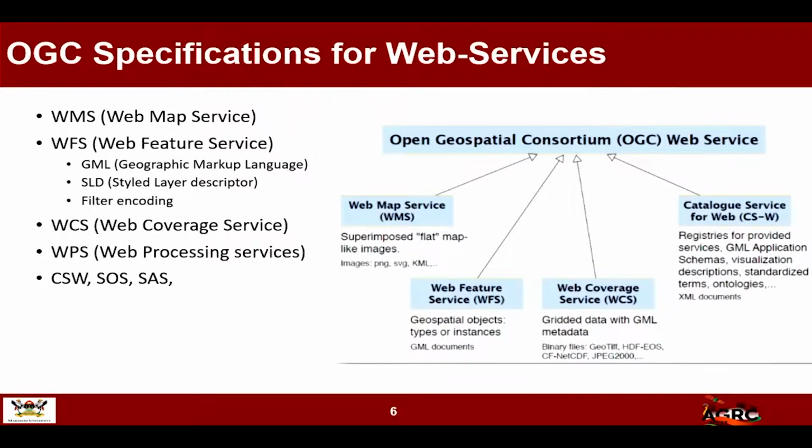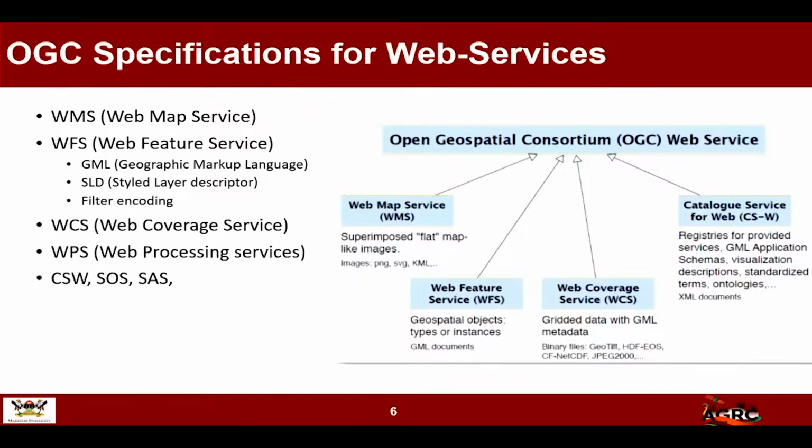Then we have the web coverage service. The web coverage service is almost like the web map service, but the difference here is that it will bring you a raster image that you can toggle through and use for analysis. You can play around with it, you can get derivatives.